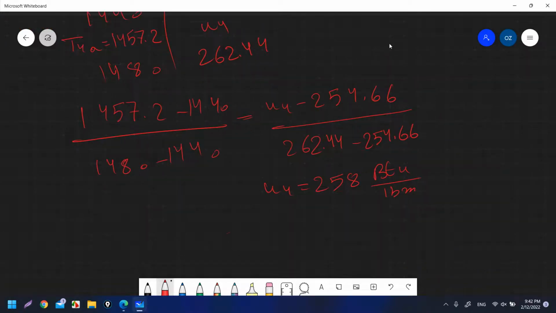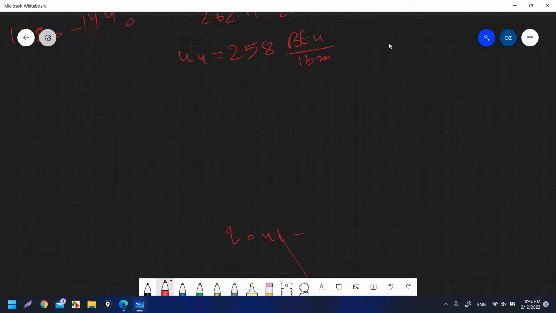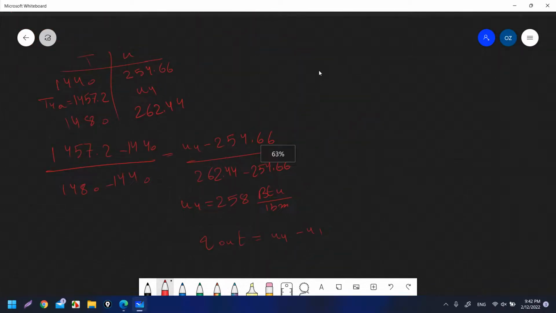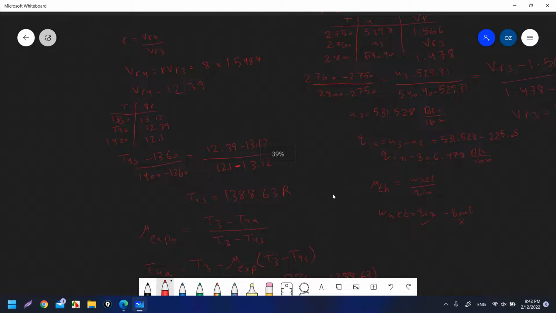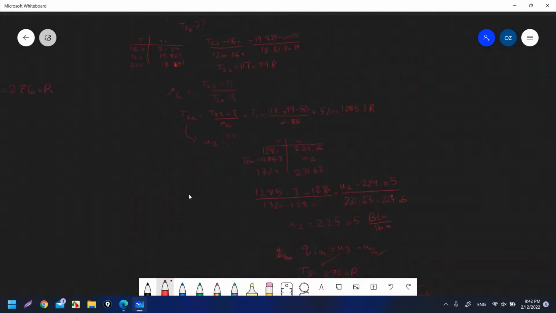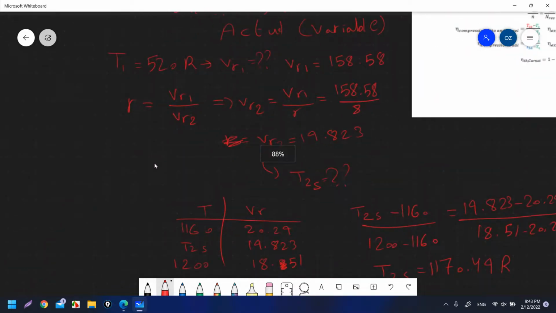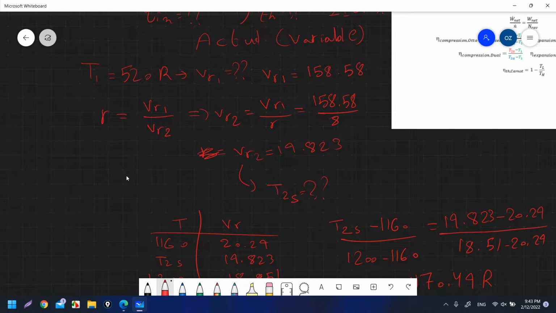And finally, Q out is equal to U4 minus U1. For U1 we didn't find it, but we already used T1 to find VR1. So when you want to find any property, also find the other properties along with it.